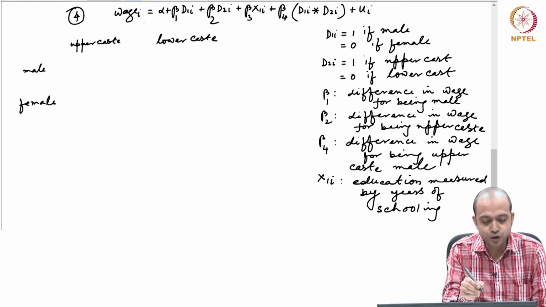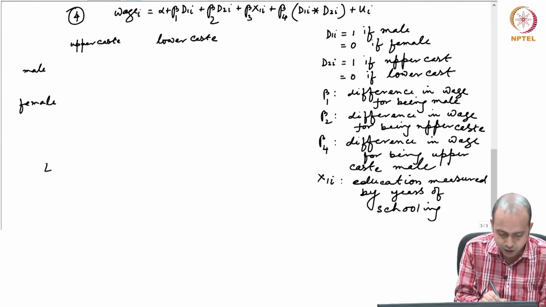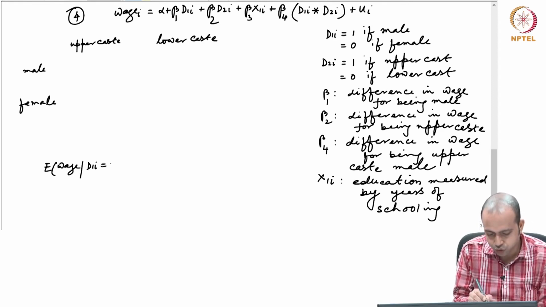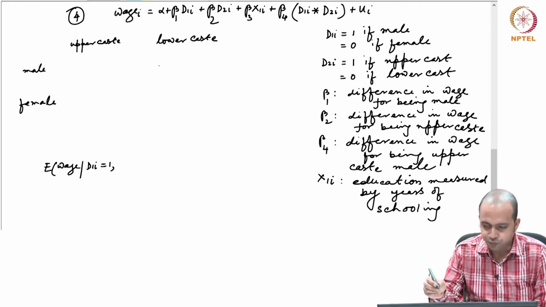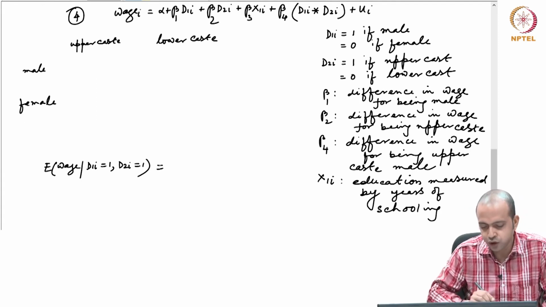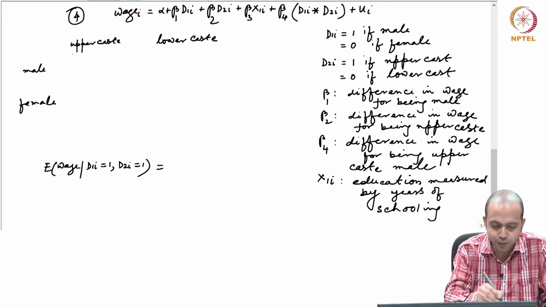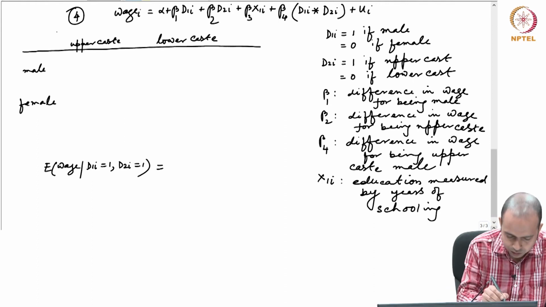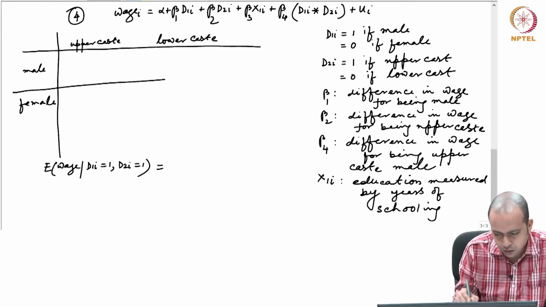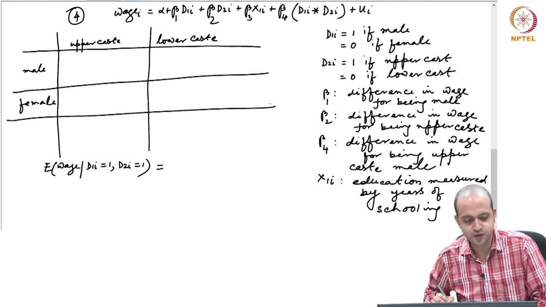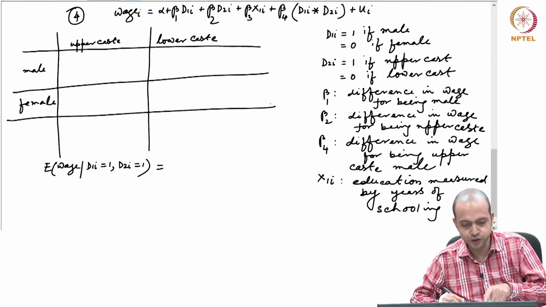That means you have to take expectation of wage i, given D1i equals 1, because male is defined as that, and for upper caste you have to get D2i also equals 1.